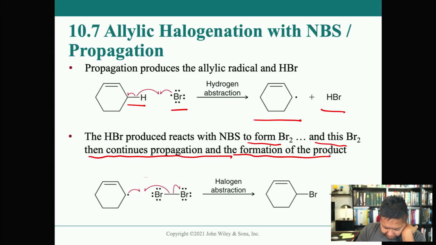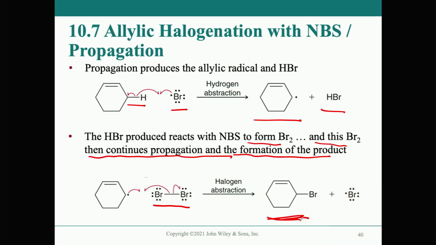So now we have homolytic cleavage of the Br2, and we get our brominated allylic halide. That's the word I was looking for, right? We get our allylic halide and our bromine radical, and that bromine radical can go and do another reaction. Okay?